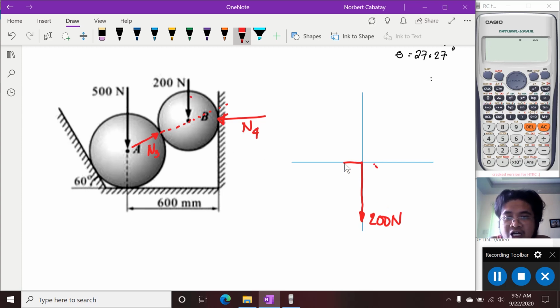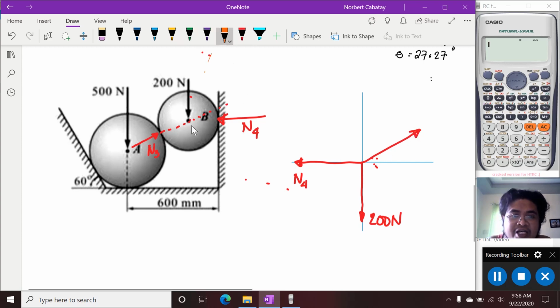So, nandito siya, N4. Tapos, itong N sub 3, nandito kasi ita-translate mo siya doon. Then again, ano yung angle? Yung angle na na-solve natin kanina is the same ng angle dito, 27.27 degrees. So that will be our entry.